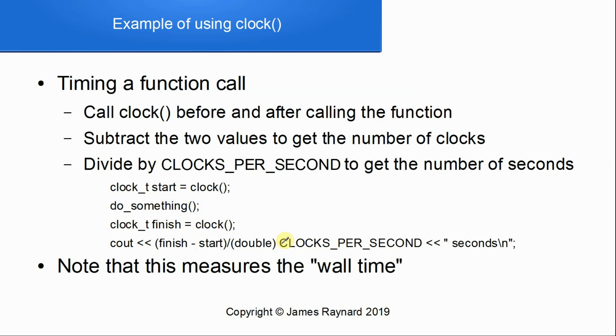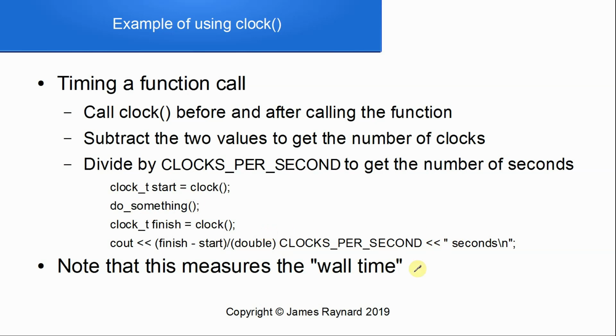You may also get different results. So for example, if the CPU is really busy and lots of other things are going on, this function may take quite a long time to call. If there's nothing else happening really, then this function will get a lot of CPU time and it'll execute much more quickly. So you can find that you do this several times and get several different results.